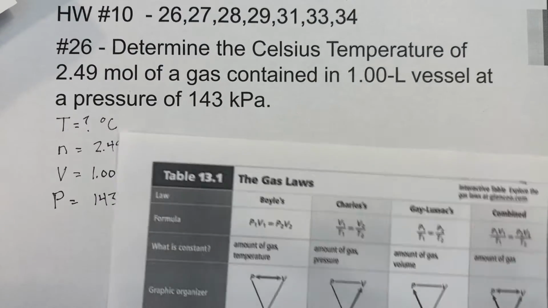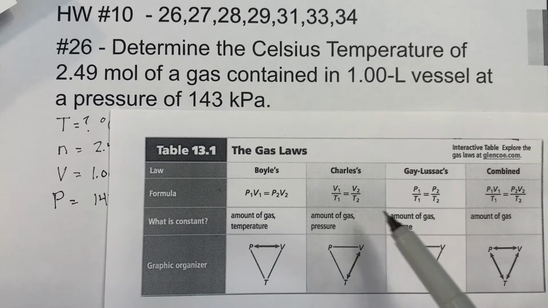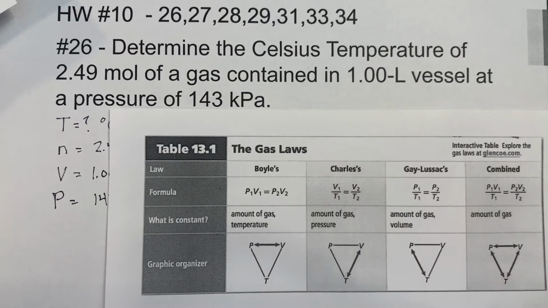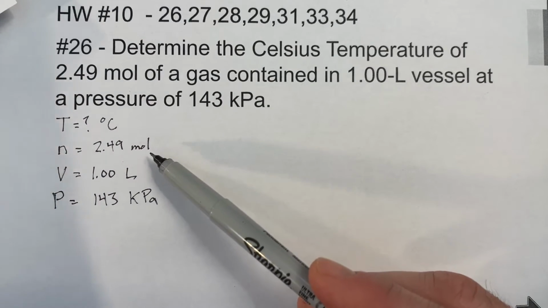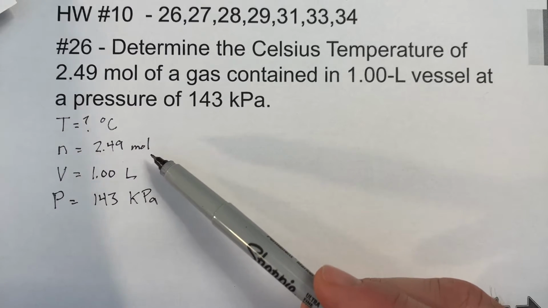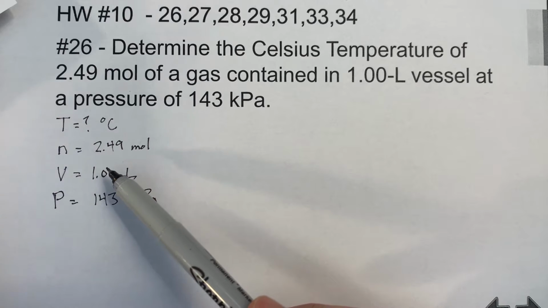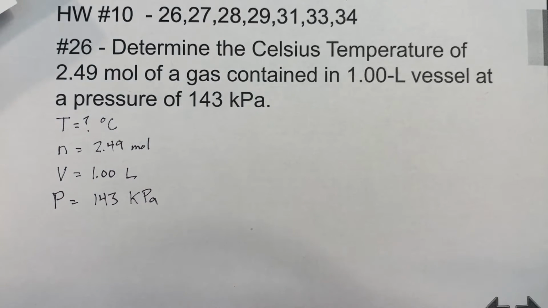Now you'll notice a couple things here. All of the gas laws on here so far have two volumes and two pressures. Here we're only given one, but we are given moles. If you are only given one variable and you need to use moles, you're going to want to use the ideal gas law.